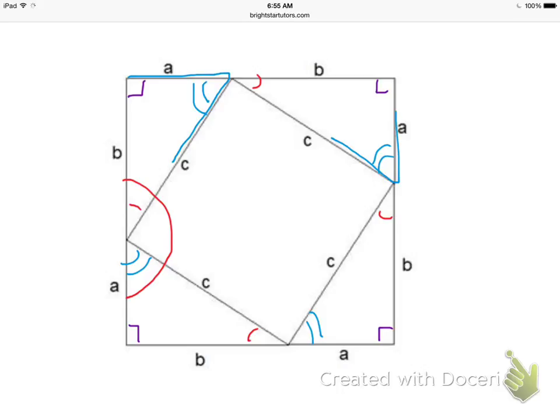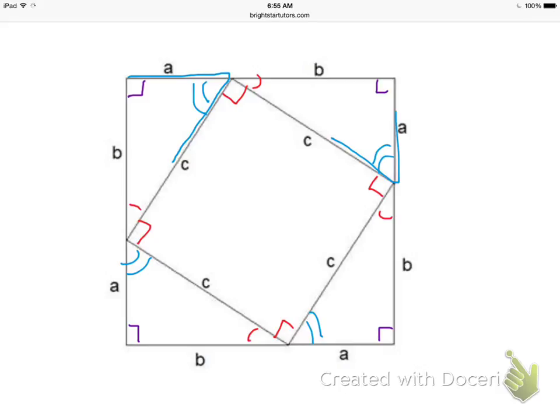What I know is that a red plus a blue equals 90. So what does that leave for this angle here in the middle? If the red and the blue add up to 90, then this angle here must also be 90. So that's a 90-degree angle. That's a 90-degree angle. So is that one, and so is that one.